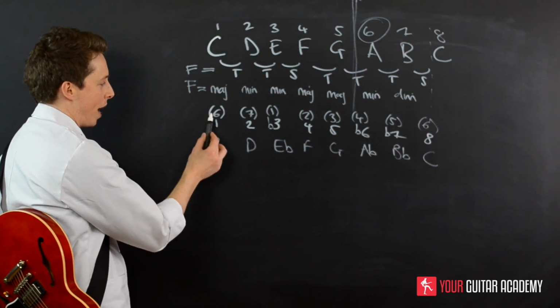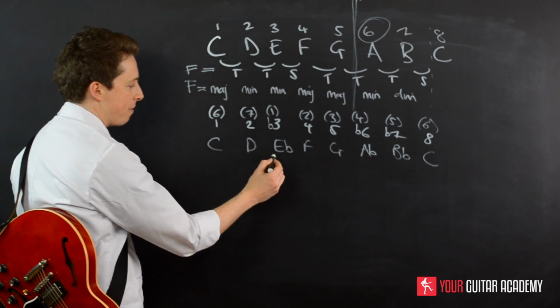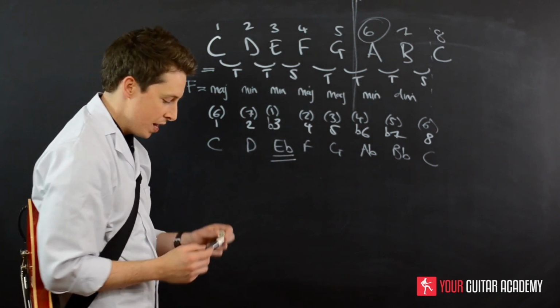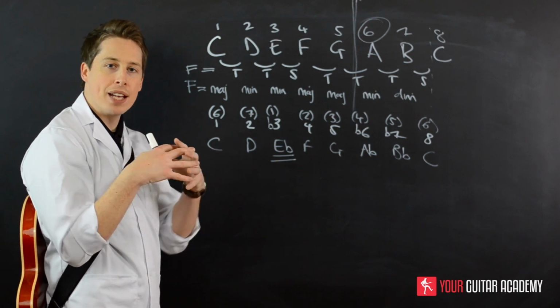Because by doing that, we can see very clearly that E flat is the relative major of C minor.